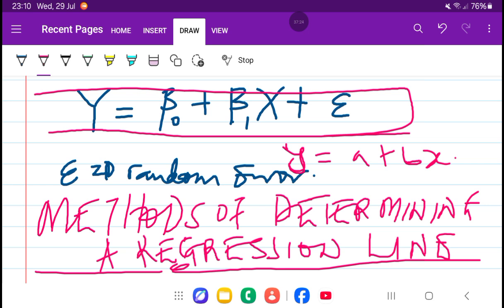That is our first method, but I prefer to go through the least squares approach, the least squares method, because that's a second method that we can use to determine the regression line, and that's the one that is most preferred.